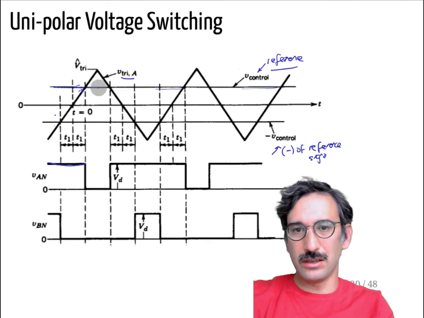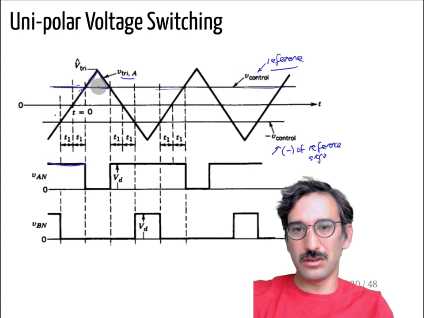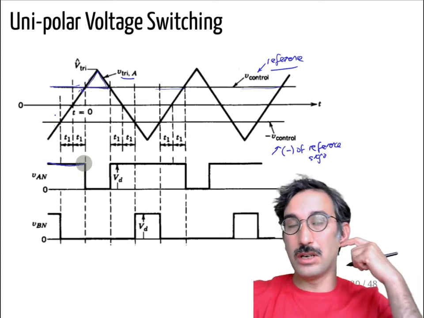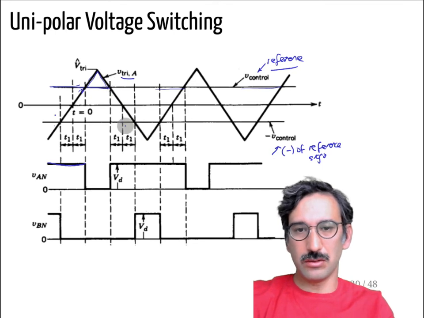And whenever your triangular is larger than your reference voltage, then you say, oh, I applied too much voltage, let's close it, and you apply a 0 voltage here, then it goes like that. So if you just control the leg A by using that triangular waveform, which defines your switching frequency, and your control signal, you can generate some PWM signals, right?